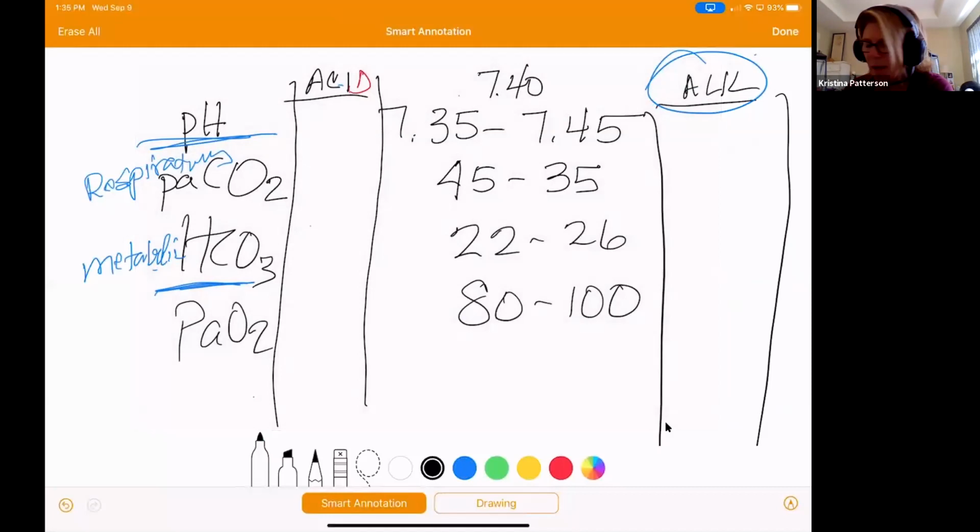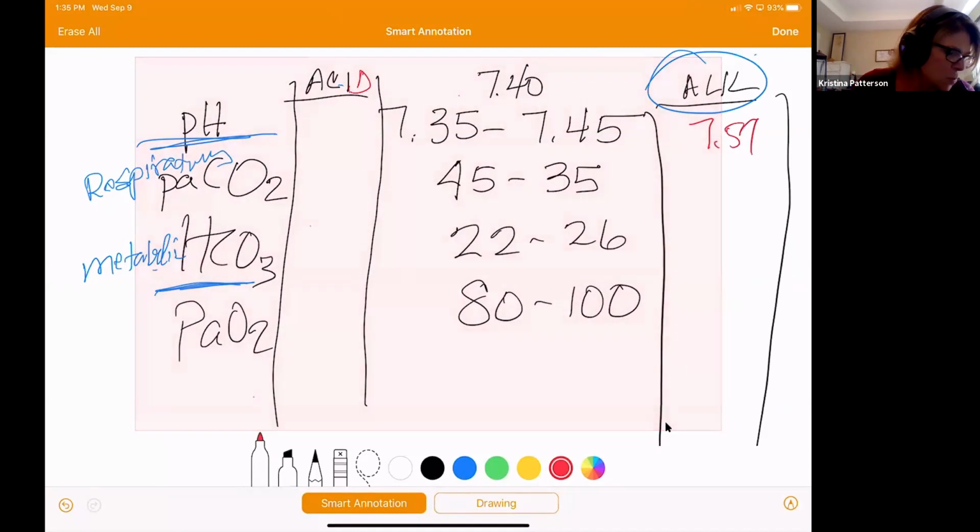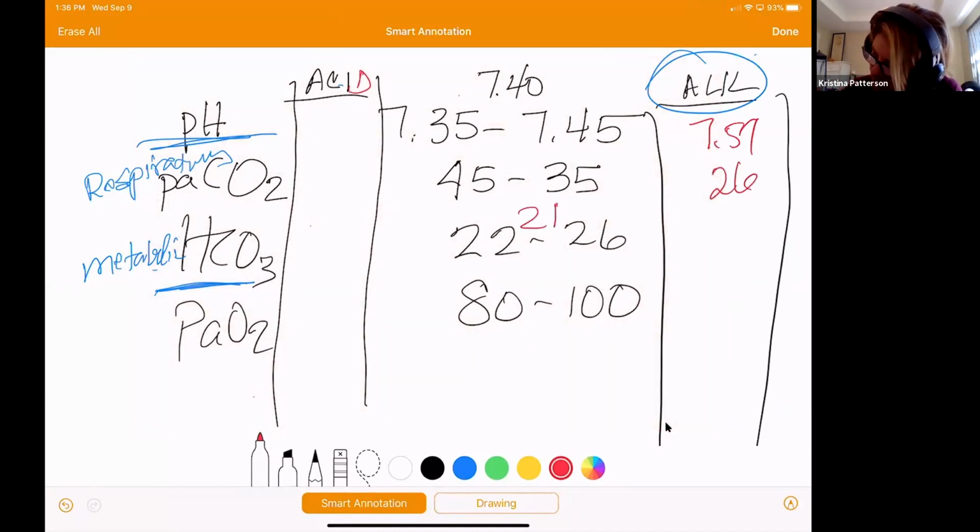Okay, and our numbers are 7.57, so that's over here, 7.57, and 26, woo, 26, that's low, 26 and 24. All right, so we were right. We have a respiratory alkalosis. It's acute, it's happening right now. That's why there's no compensation over here.